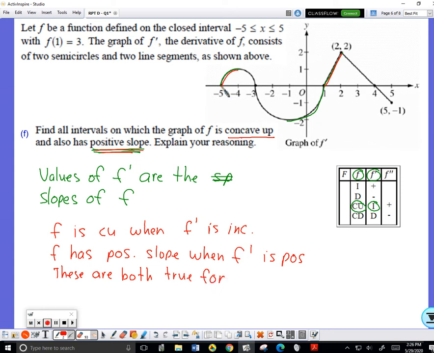So it would be -5 to -4, and 1 to 2. And this time, 1 point if you have the correct intervals, and 1 point if you have the correct explanation. So a total of 2 points.